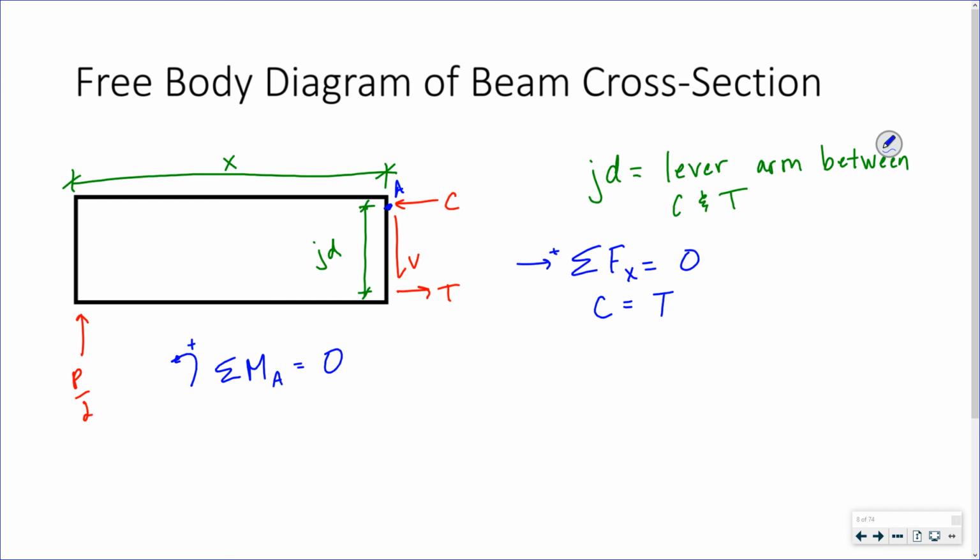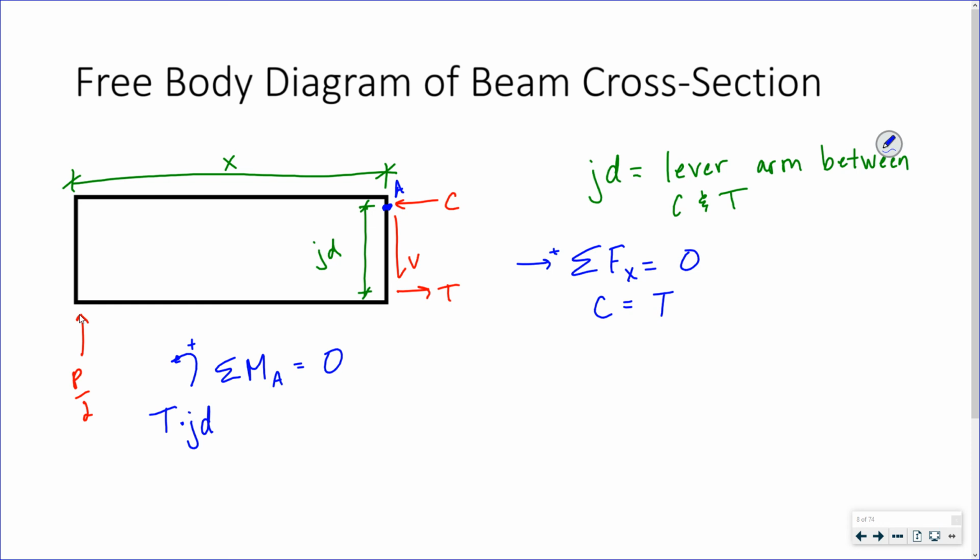Right, if I take the moment about A, I don't have to care about C because it coincides with point A. I don't have to worry about V because it coincides with point A. It would have a 0 moment arm. So I've got T, my tensile force, times that lever arm, JD, acting counterclockwise.